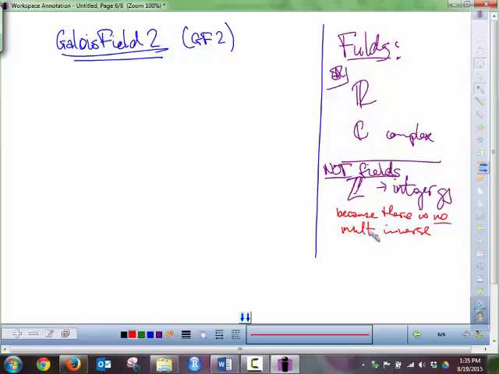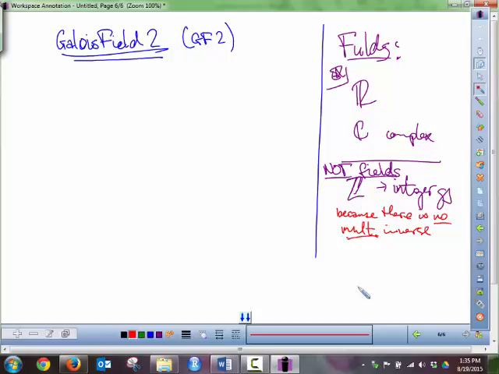So this is multiplicative inverse, M-U-L-T, multiplicative inverse. That means if I have 2, the multiplicative inverse of 2 is 1/2, right? And in terms of the field of integers, there's no 1/2 in an integer set. So I can't go backwards there.